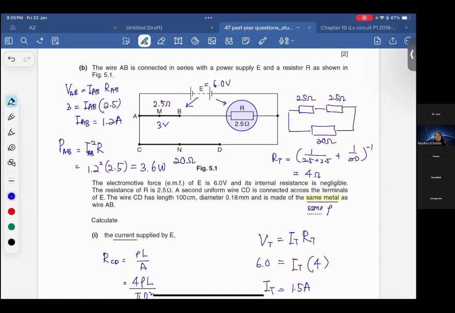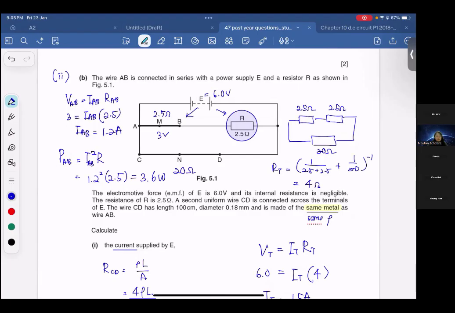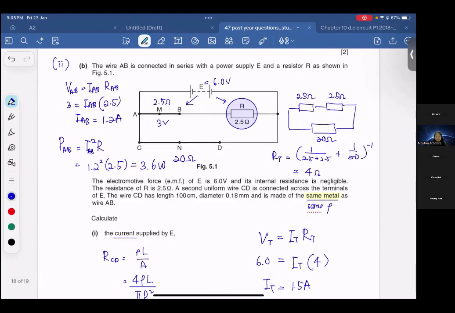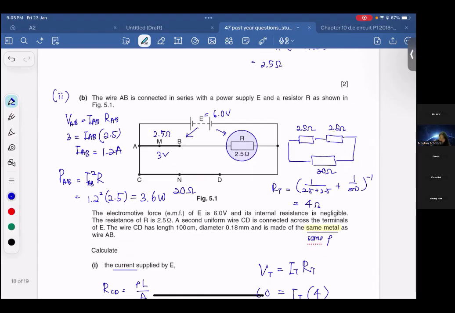You can also use P equals VI, or P equals V square over R. Manjo correct. Chonghan, yes, correct. So if we use V square, 3 square divided by 2.5, you will also get 3.6. You see, P equals V square over R. Can I use this? Yes.